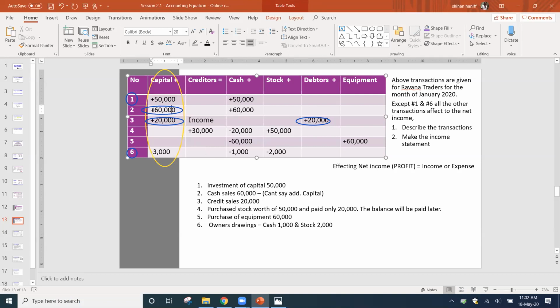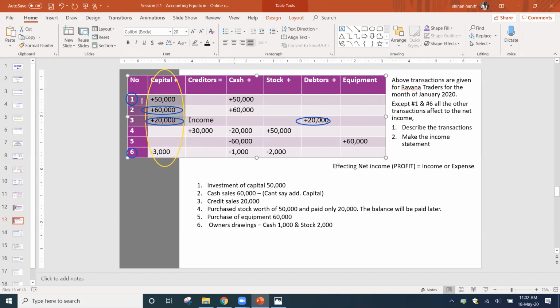So can you all tell me the profit here? How much is the profit? You have only two incomes. This is not a complete question. So how do you calculate the profit?